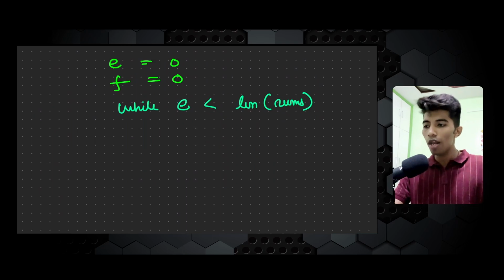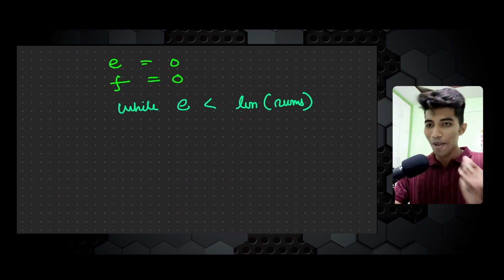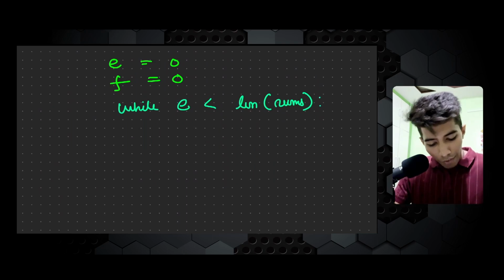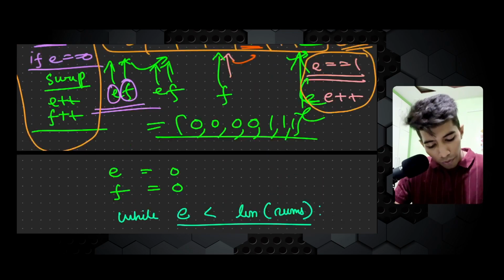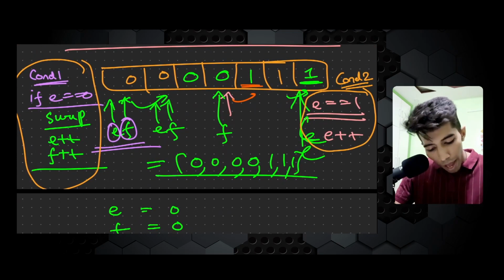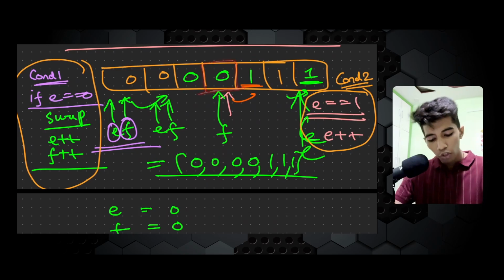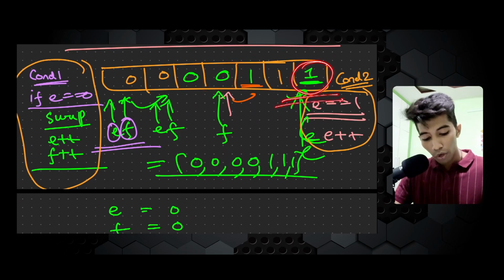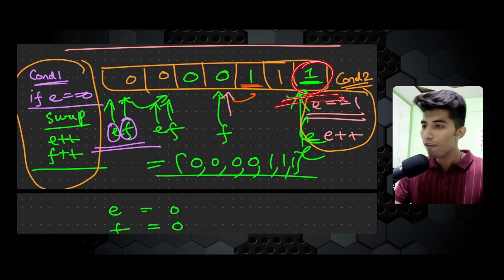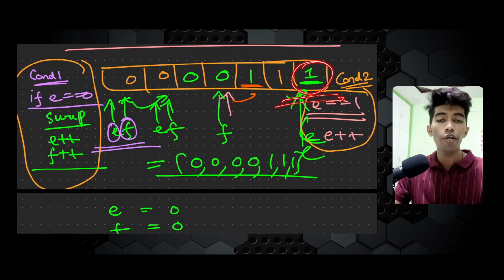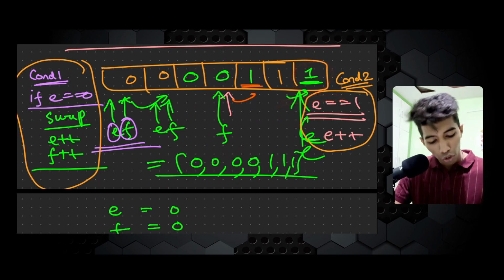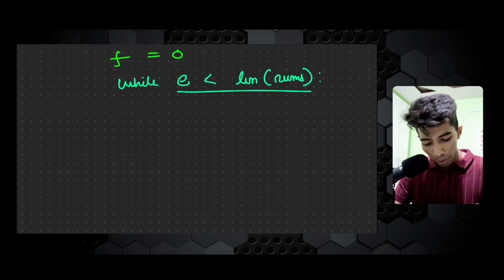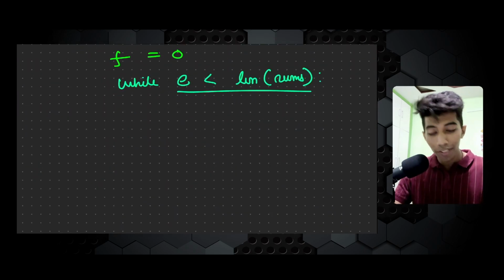Why have I written this? Because you will notice that my F will stop at the index where I get the last 0, but my E will go on till the end. So what variable will I use for the condition? Without any doubt, I will use the E variable. So the E variable will be used here.